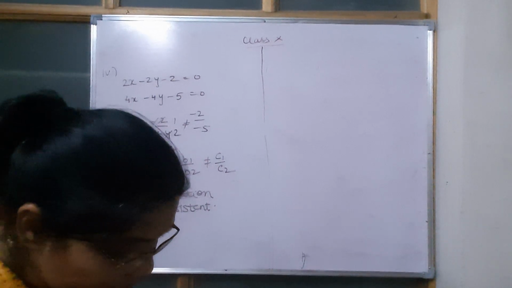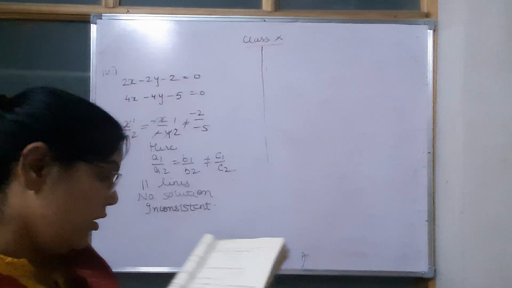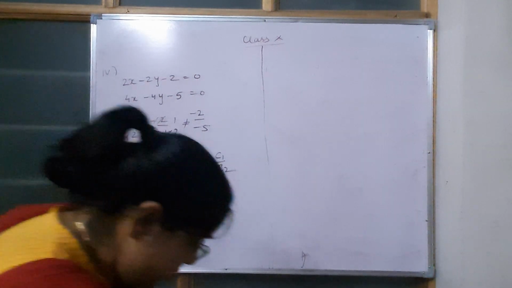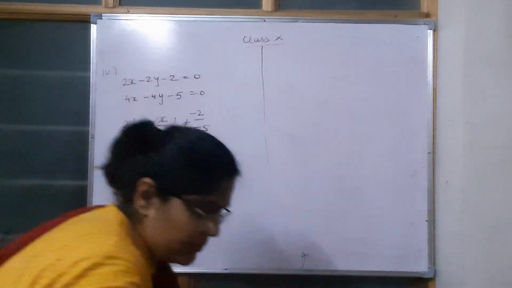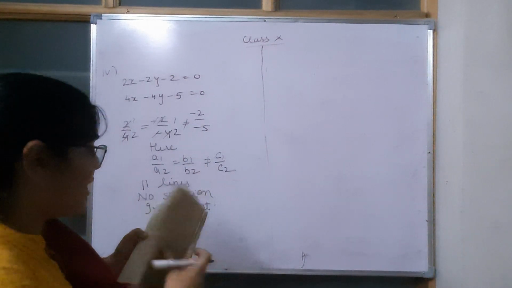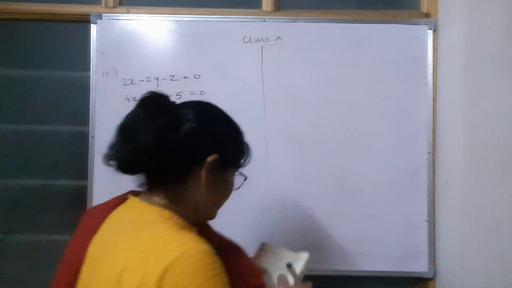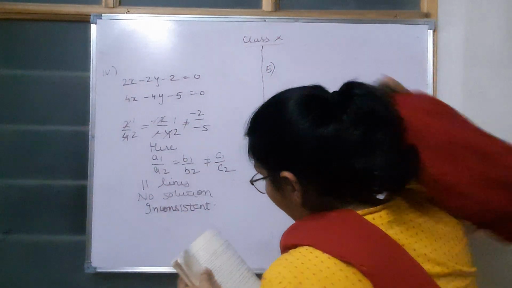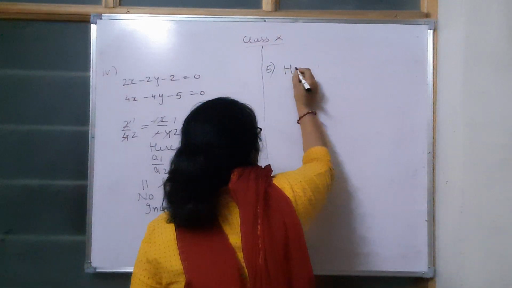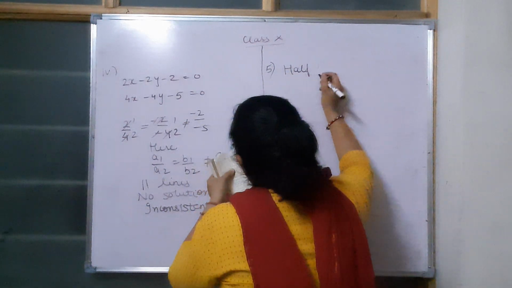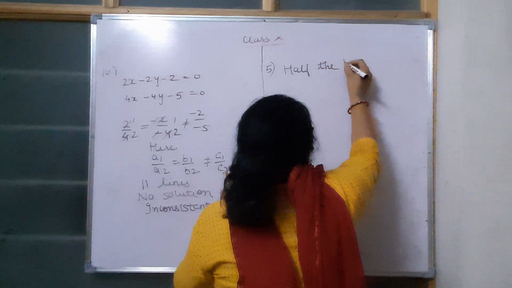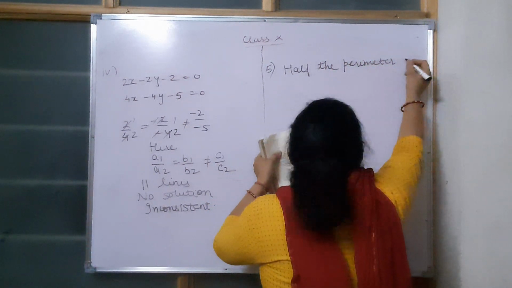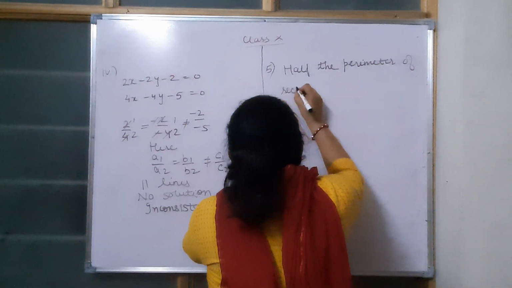Just reading it for you. Question number 5 is saying: half the perimeter of a rectangular garden whose length is 4 meter more than its breadth. Find breadth. I'm just writing it for you so that I can explain what is there in the question and how we are making the equation.